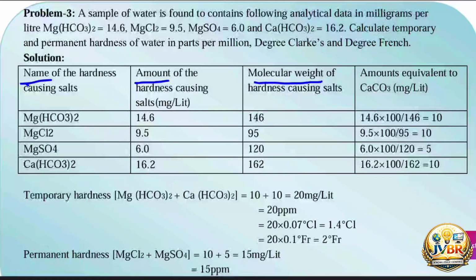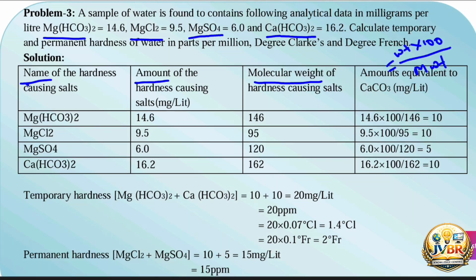In the fourth, formula. So the formula, we already know: amounts equivalent to calcium carbonate is equal to weight of the salt, that is amount of the salt, into molecular weight of CaCO3, which is 100, by molecular weight of the given salt. Note down the salts: magnesium bicarbonate, magnesium chloride, magnesium sulfate, and calcium bicarbonate.